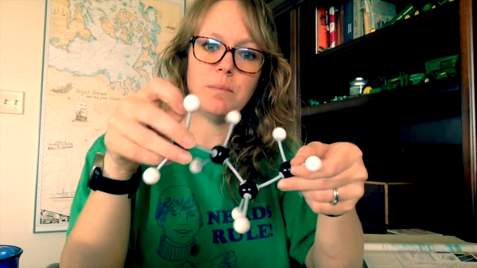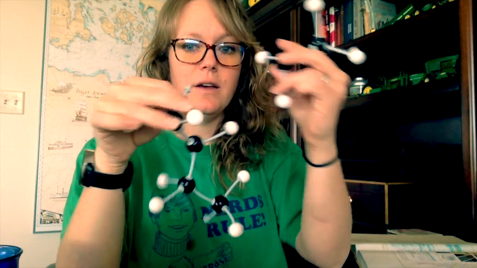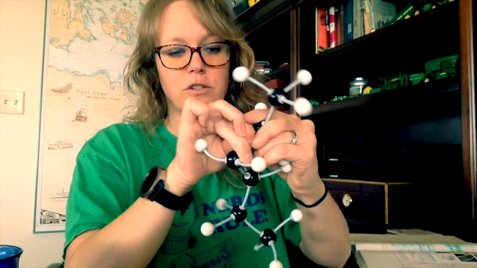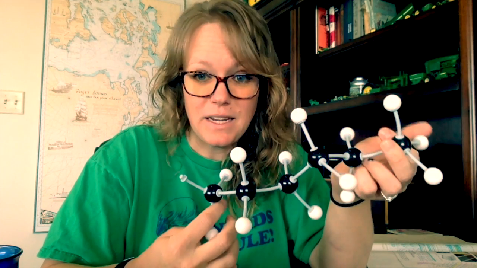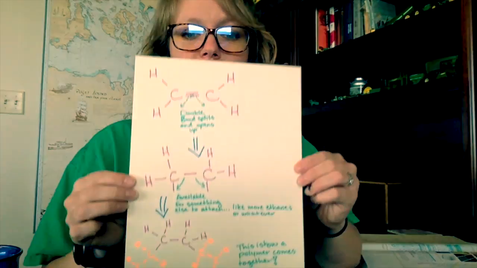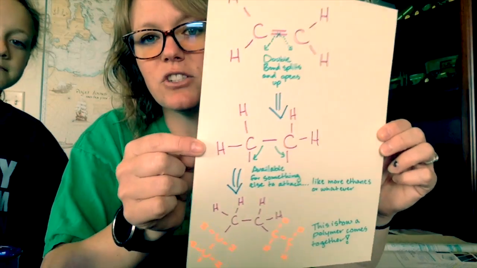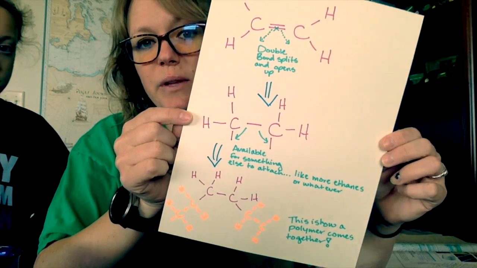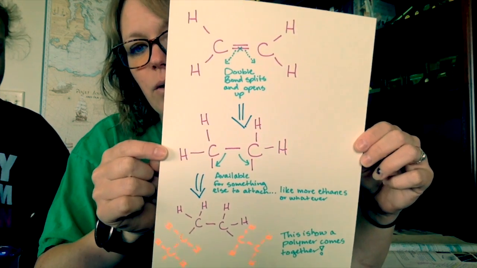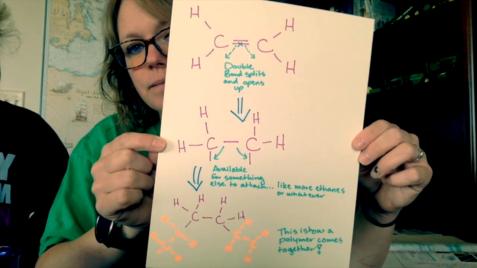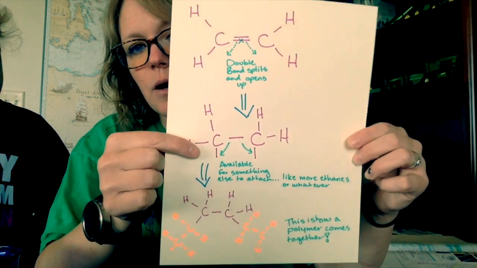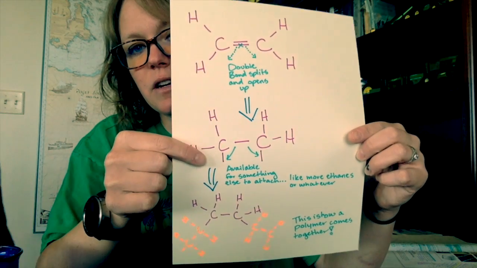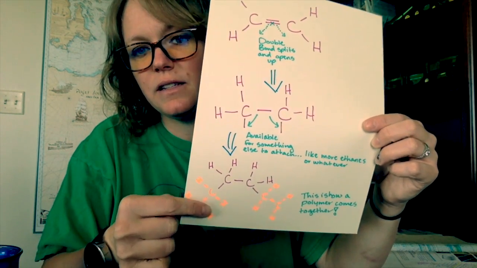And then once you get beyond that and you start to add more and more to your chain to make it longer, that's when you get a polymer, because poly means many. So that's kind of the difference there. I also made a pretty fancy picture right here, just trying to explain the process of how the double bond breaks open, and now you have these points for attachment down here, and then these other ones come in.